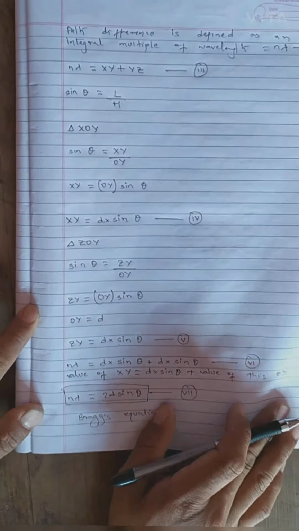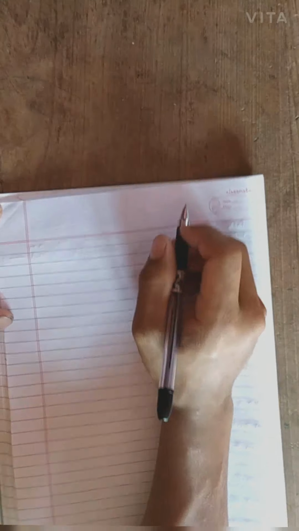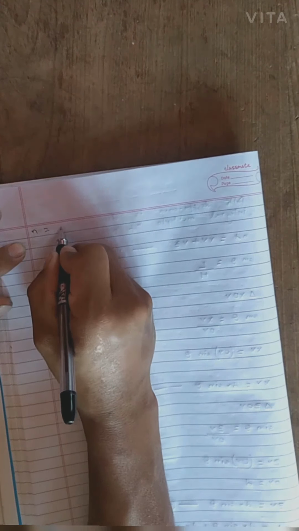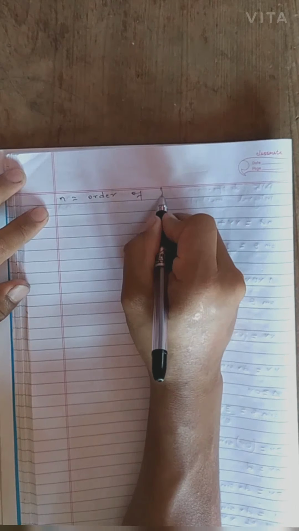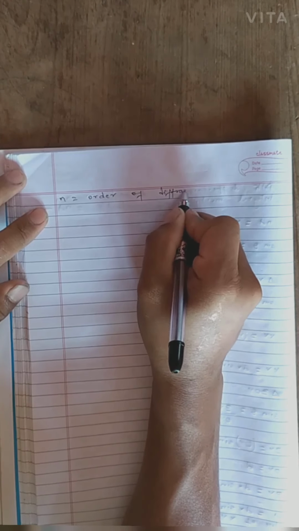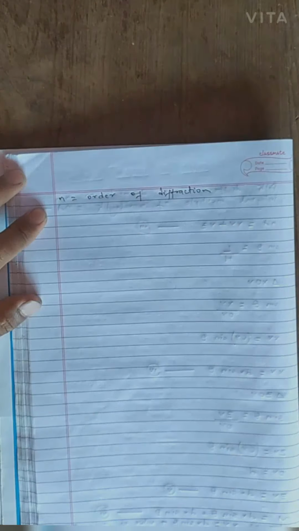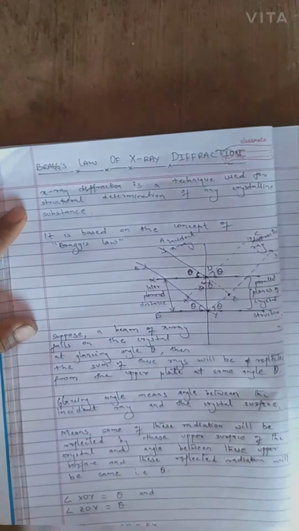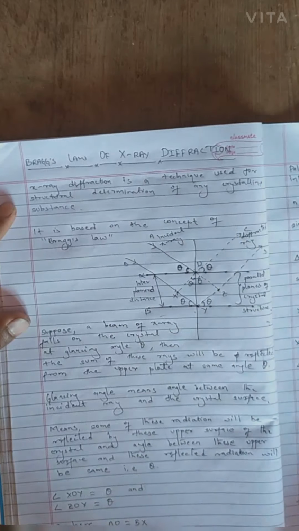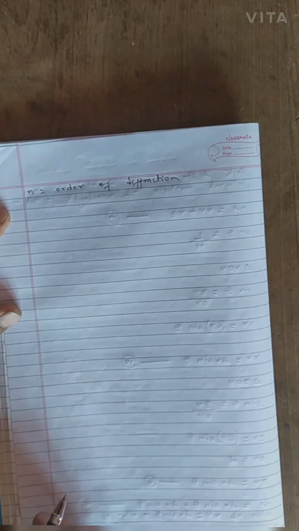Here n is the order of diffraction. Here the order of diffraction is 2 because we have 2 layers of crystal, the first and the second.